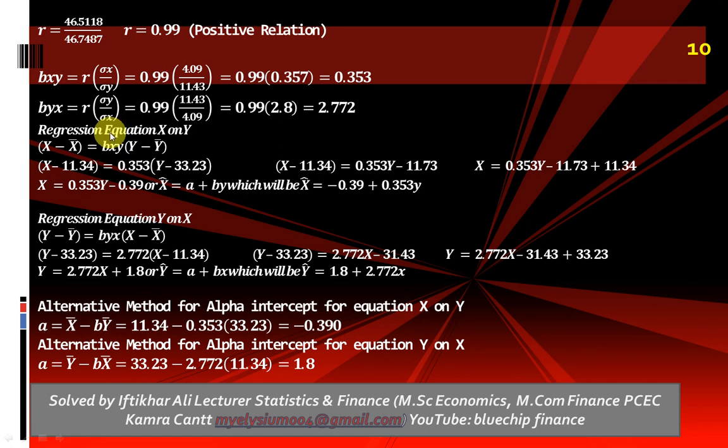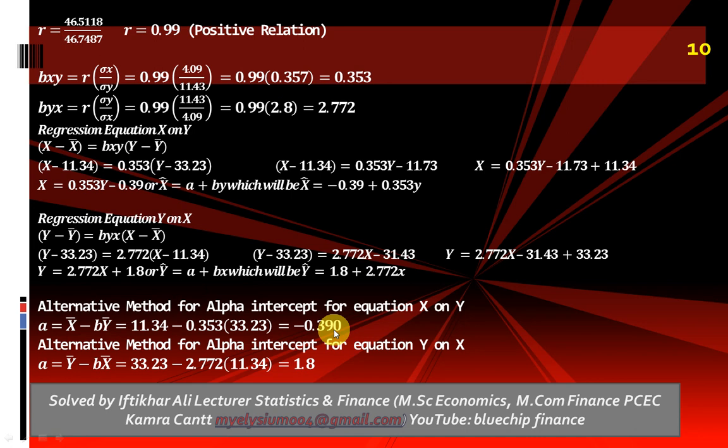So x bar is 11.34, mean of x, minus beta x on y, which is 0.353, multiplied by y bar, and in this way we can calculate the intercept value for regression equation x on y: minus 0.390.